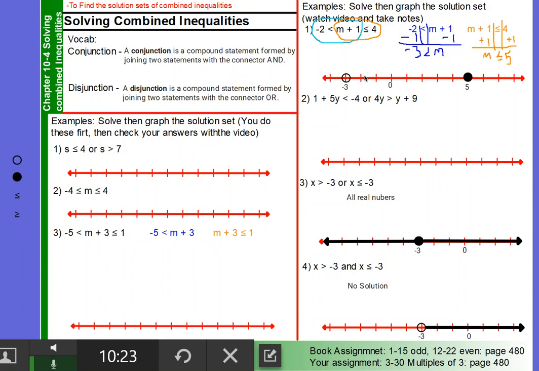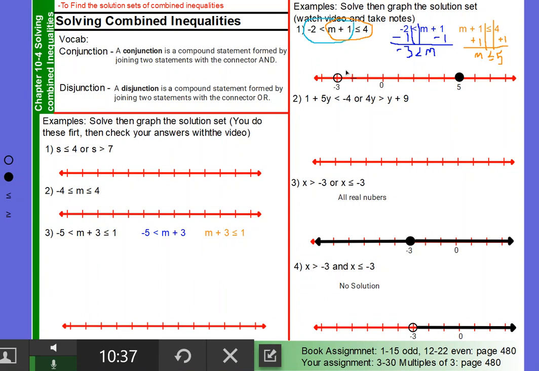That would mean we'd be shading to this side of the line, away from the dot. But m is also less than or equal to 5, which means this dot is going to be shading this way. So in other words, we are just ending up connecting the two dots. And so the solution set will be not including -3, but all the numbers larger than -3 to 5, including 5.